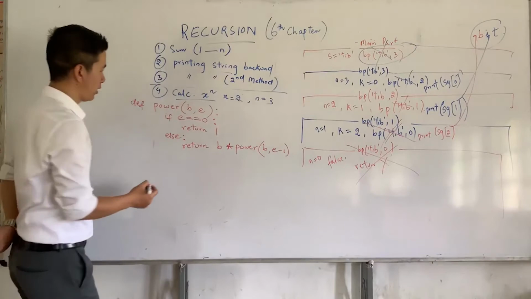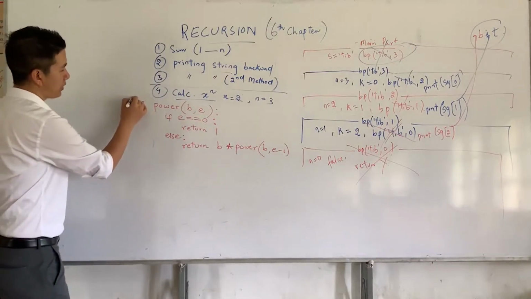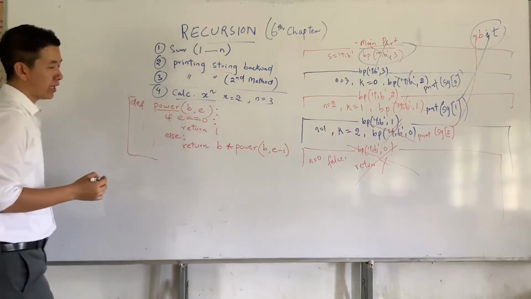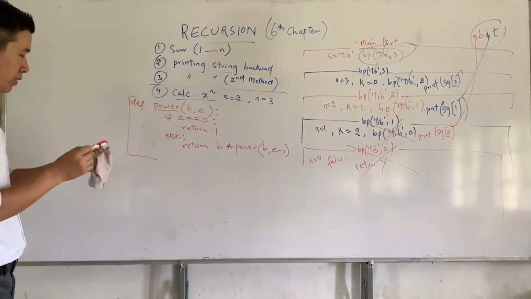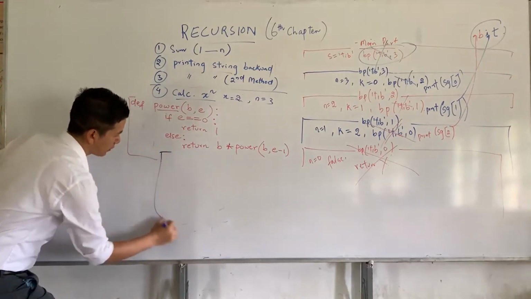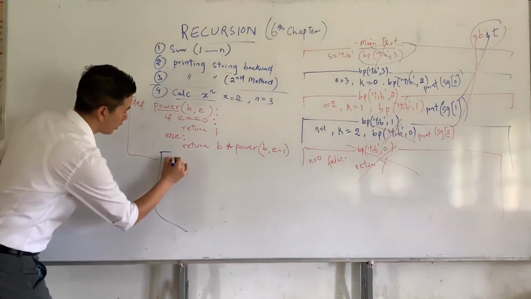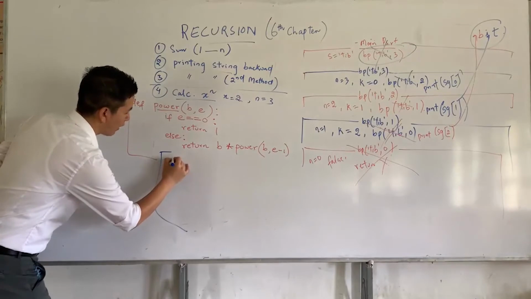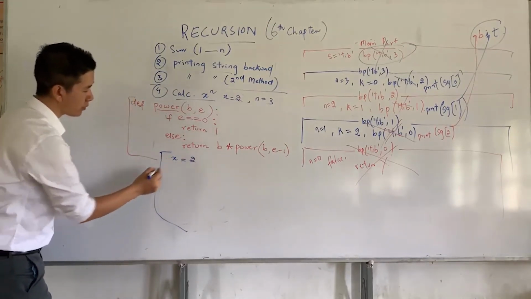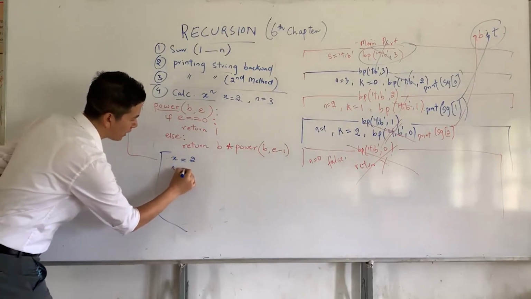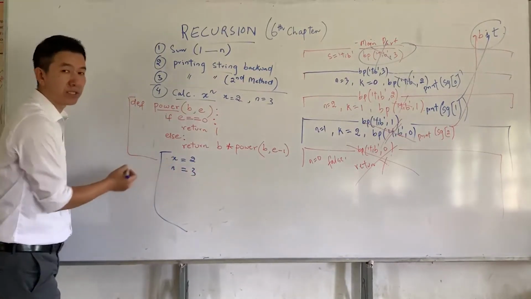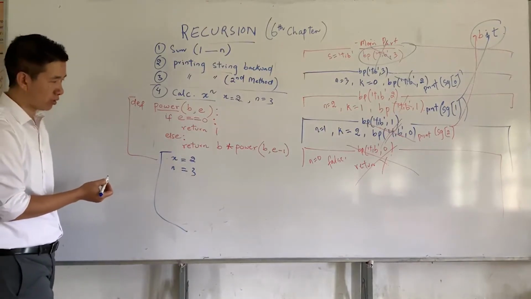It's very simple. So this will be the function definition for the power, and then we'll have the main statement, main part of the program. It's going to be something like, this is the main part of the program. Let's have the value of x is equal to 2, and then we'll have the value of n as 3. So this denotes the base and this denotes the exponent, right?